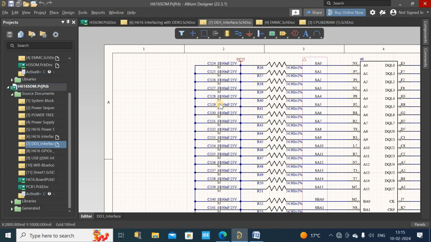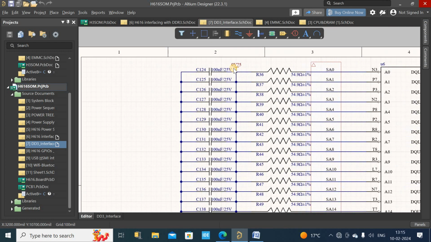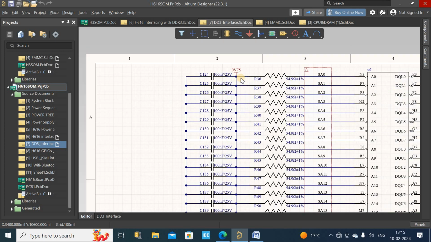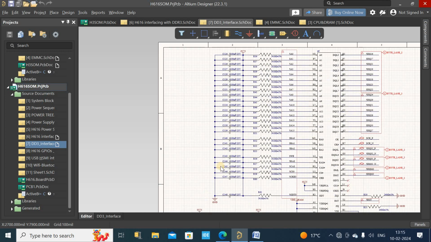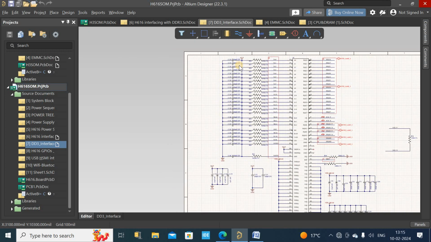And these are nothing but the decoupling capacitors, because any deviation that happens in these regions may lead to failure of signal integrity, so I'm putting these as filtering capacitors. So this is how the DDR3 memory chips are interfaced with a host controller in fly-by topology.